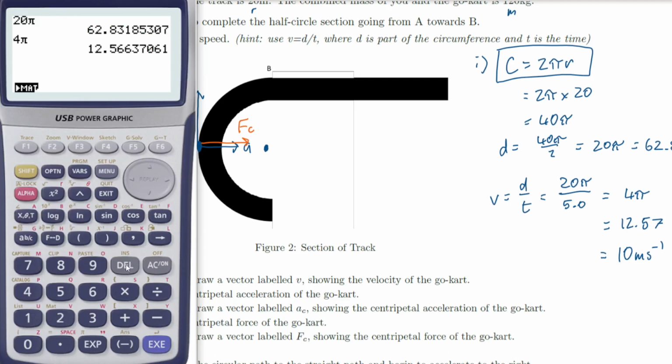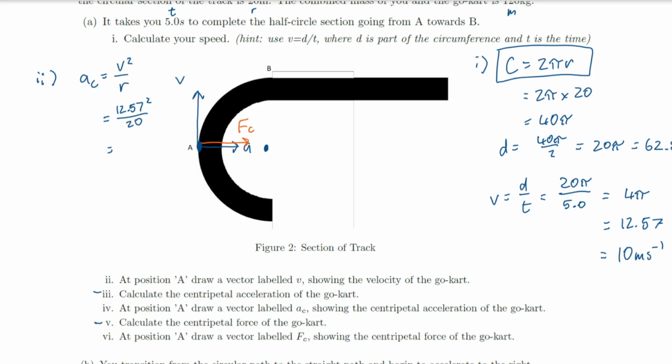Pro tip, if our last answer was the unrounded value that we're looking for, we can just use shift answer. So it was speed squared divided by radius. So what's that? 7.9 meters per second squared.